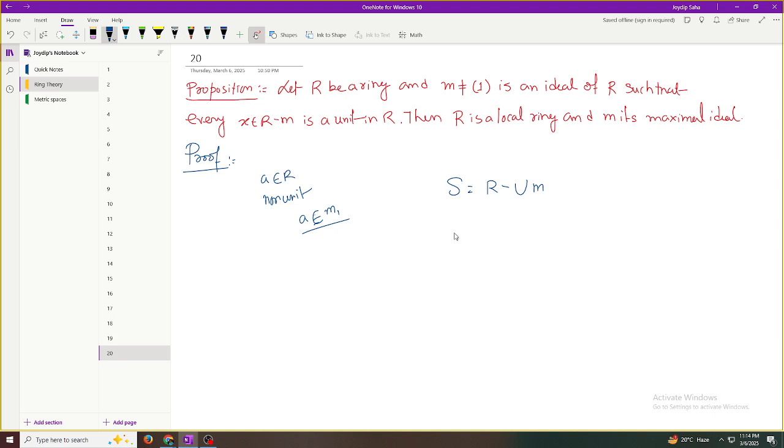So here, if there is one maximal ideal, then R minus M is the set of units. So if R is local, then R minus M is the set of units. But this is the converse type. So prove it. It is very simple.